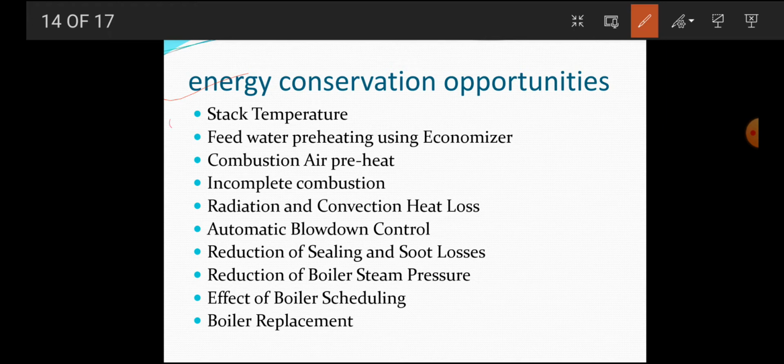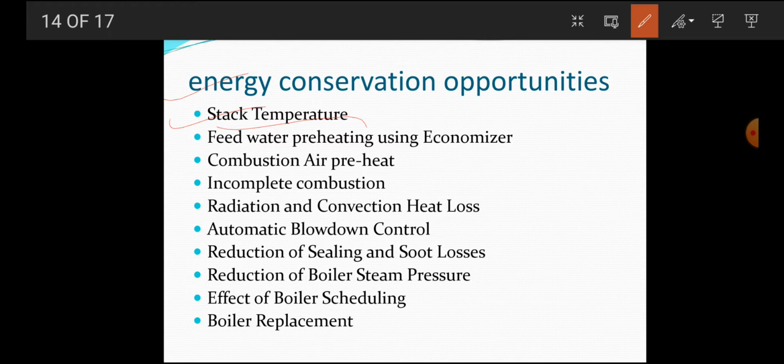So first is stack temperature. Stack temperature should be as low as possible. However, it should not be so low that water vapor in the exhaust condenses on the stack walls.